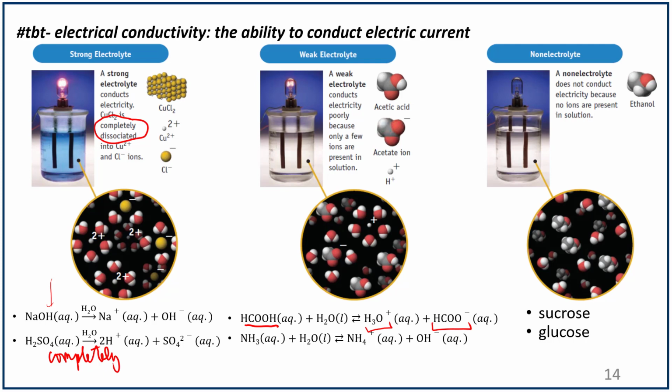By the way, I would like to emphasize that another way to write this equation will be HCOOH in equilibrium with H plus and HCOO minus. Some textbooks, including your own, prefer to write it this way.